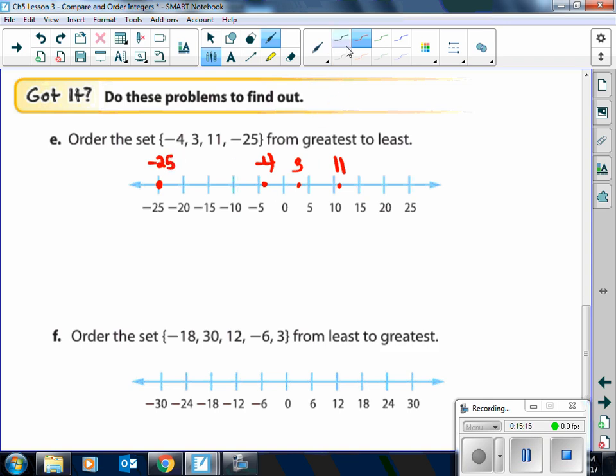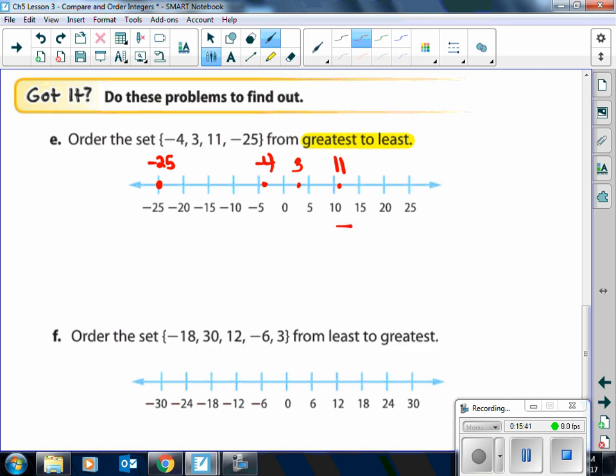So now we want to put these in order from greatest to least. So which way are we going to read this number line? We're going from greatest to least. And remember, on the number line, the greater numbers are further to the right.